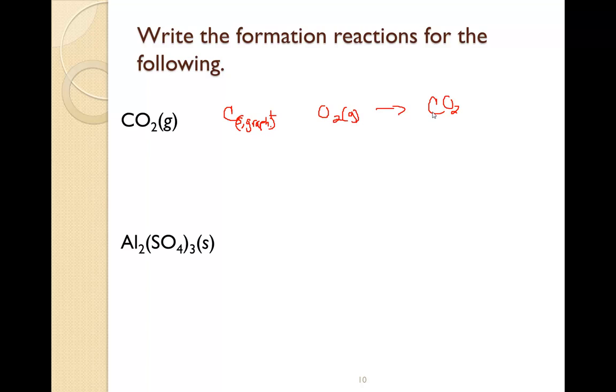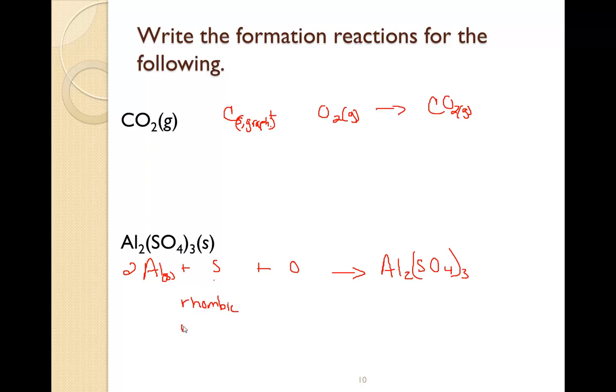So let's take this again. We're trying to make Al2(SO4)3. Let's look at our elements. We have aluminum, we have sulfur, and we have oxygen. Aluminum is a solid metal. We need 2 of them. Sulfur, there's 2 versions of sulfur. There is rhombic, and there's monoclinic.